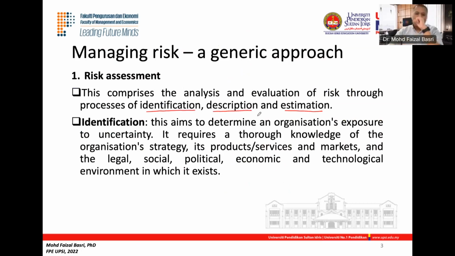So what does identification mean? This aims to determine the organization's exposure to uncertainty, and it requires thorough knowledge of the organization's strategy, products and services, and all the relevant implications with regards to legal, economic, technological, and so on.